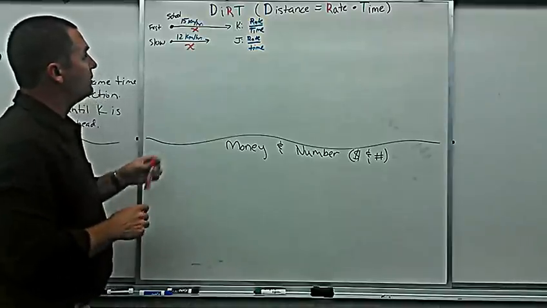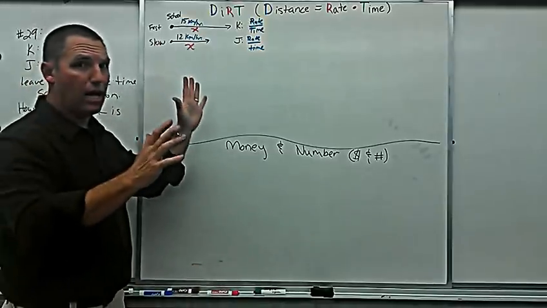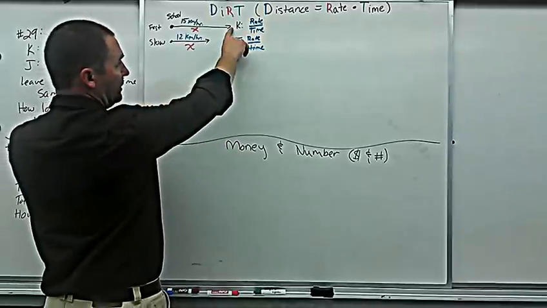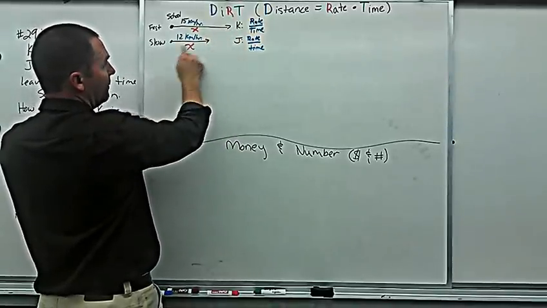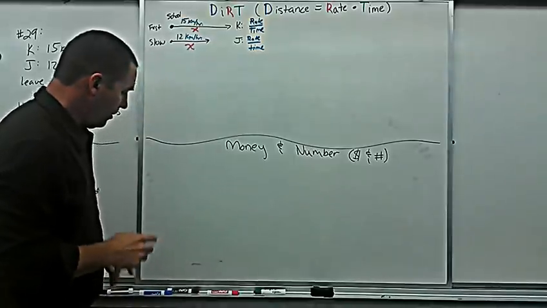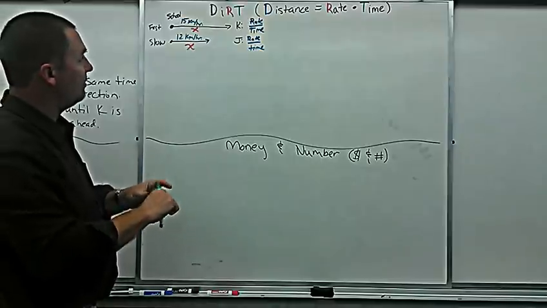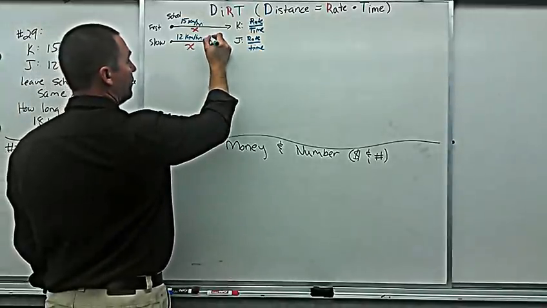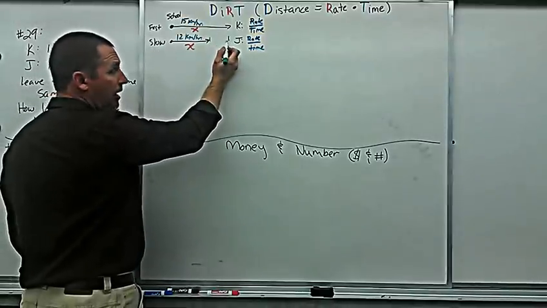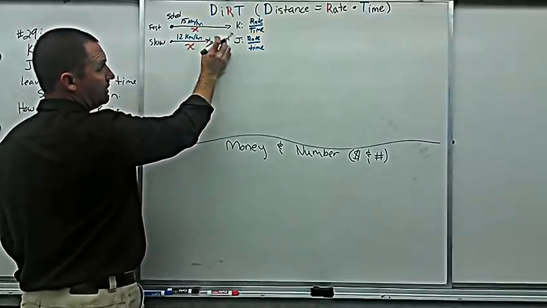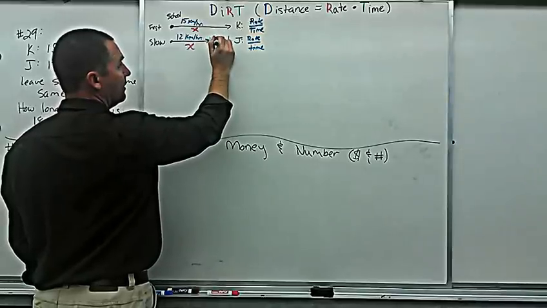And the last thing they tell me is that when they stop, the fast person, Kelly, is 18 kilometers further ahead than the slow person. So the way I look at that is that Kelly has an 18 kilometer gap. So this distance from here to here, if I want the slow person to catch up, I've got to give them that much of a head start. So this is 18 kilometers.